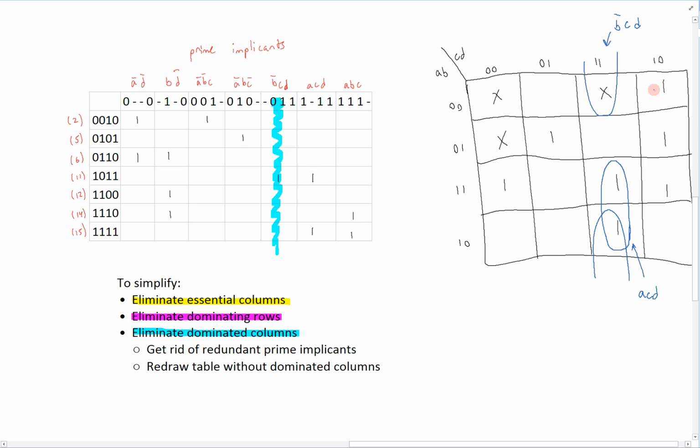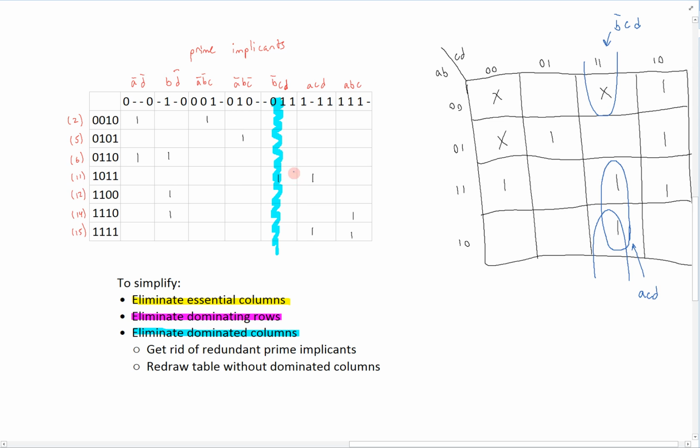And what we see is that B bar CD is completely redundant, because if we include ACD, well, then we automatically cover the only minterm that B bar CD is actually covering. B bar CD also covers a don't care, which we don't have to include. So therefore, if we include ACD, we do not need B bar CD, and therefore it can be eliminated. That's what the dominating relationship between columns tells us.